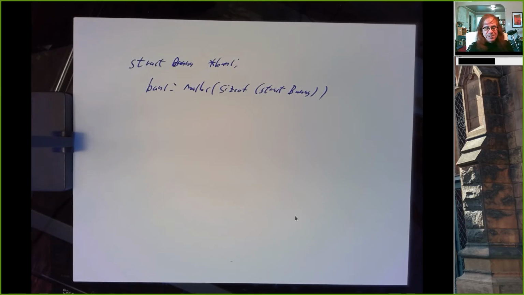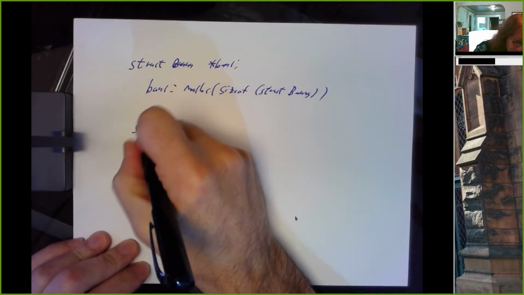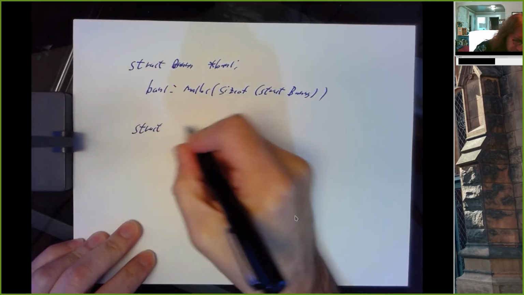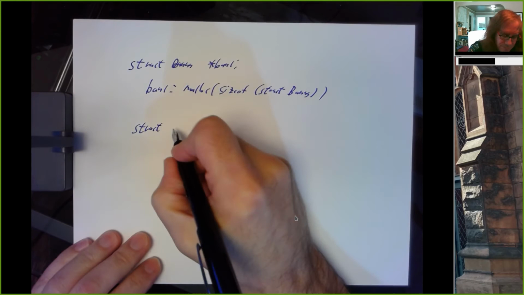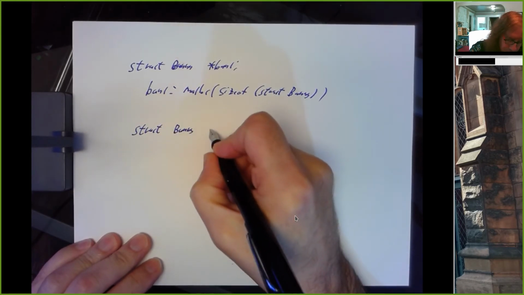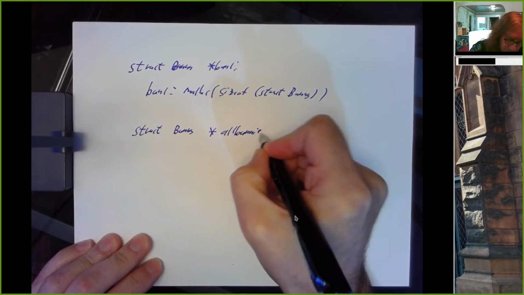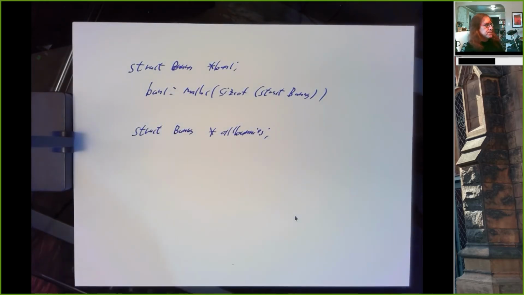All right, part D, declaration for an array of unknown size of struct bunnies named all bunnies. So you want all bunnies to be an array, but you're not specifying what the size of it is. So the only way to do that is like this. Right? Make all bunnies a pointer to a struct bunny.